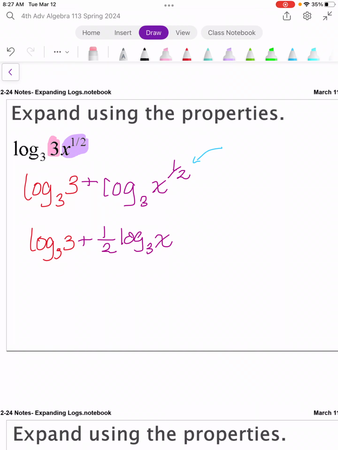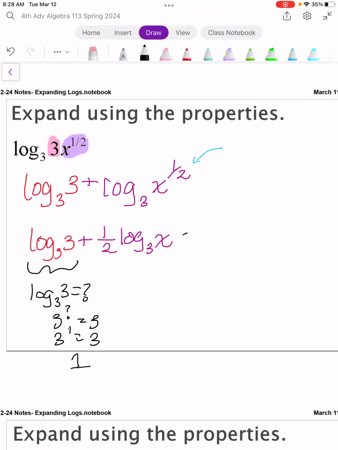And now I want to check, can this log base 3 of 3 be simplified? So is 3 to some power equal to 3? Yes! 3 to the first is equal to 3. So this actually simplifies to 1.